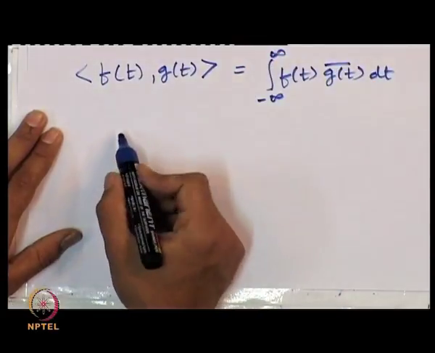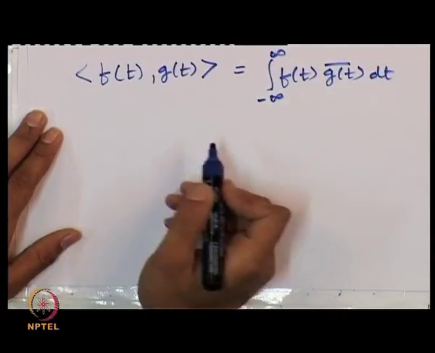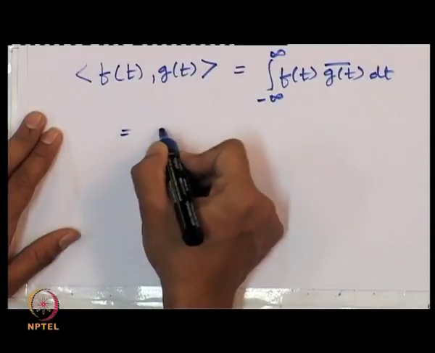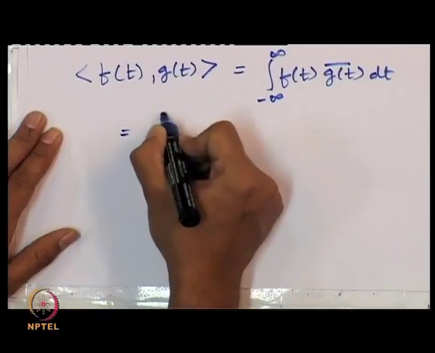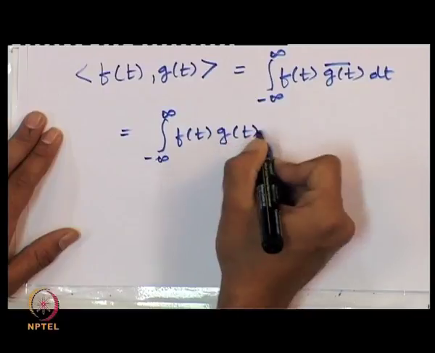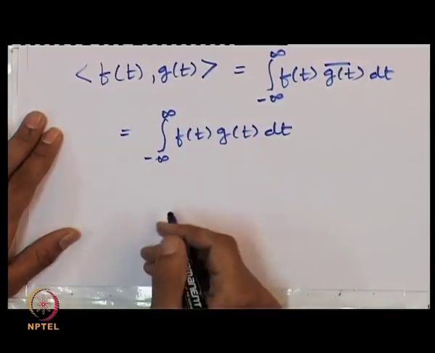But here we are assuming Ft and Gt are real sequences, hence the complex conjugate will be the same as Gt. So it is equal to the integral of Ft Gt dt.